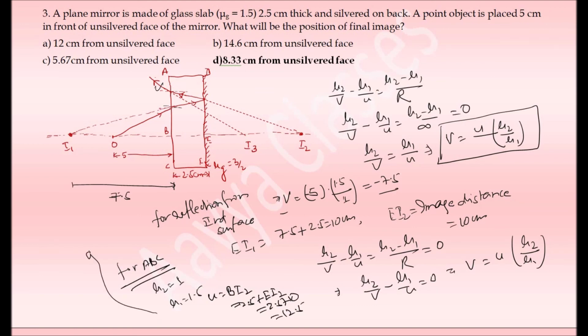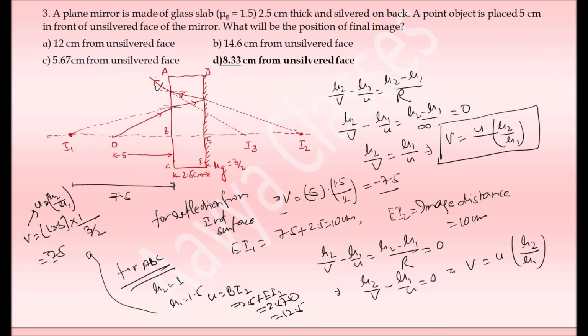So if we consider refraction from the third surface, then we get V is equal to U, that is 12.5. I will just first write the formula. V is equal to U into mu2 by mu1, and here mu2 is equal to 1. So we get 12.5 into 1, and mu1 is 3 by 2.